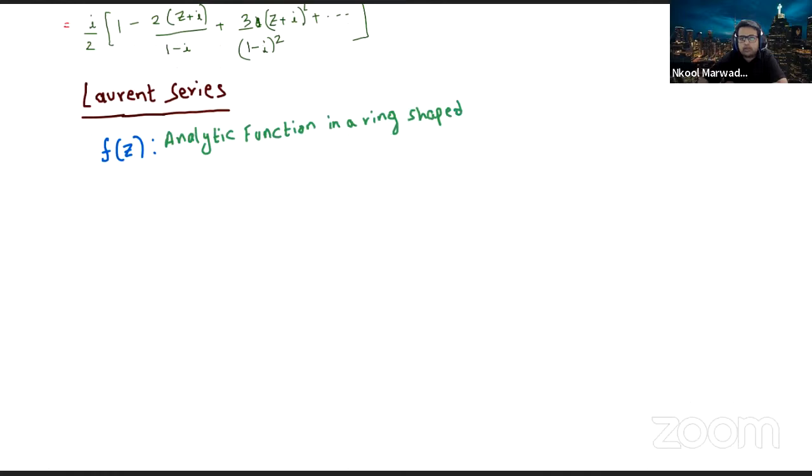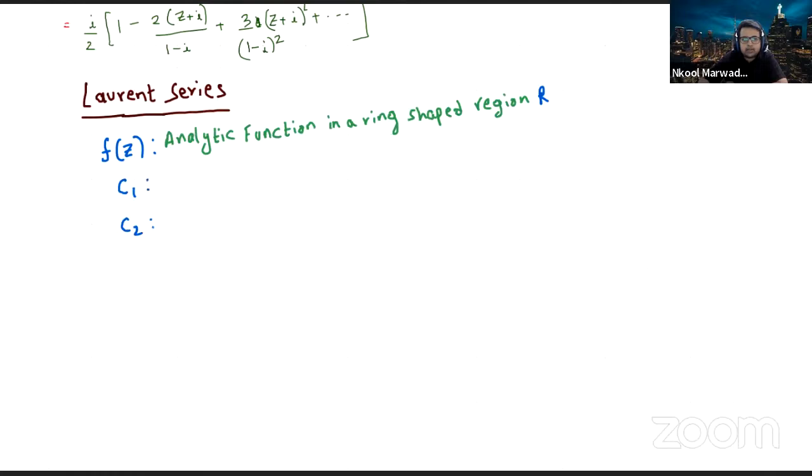In the ring shaped region means two circles will be there. So two concentric circles will be there with radius R1 and R2. So we will be having a circle C1, C2 is the another circle.